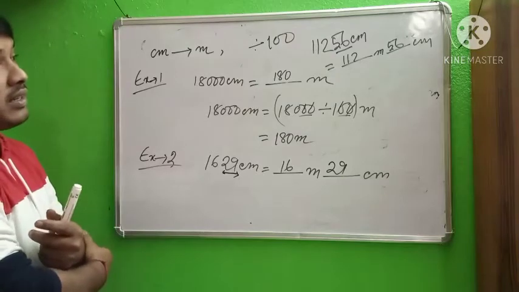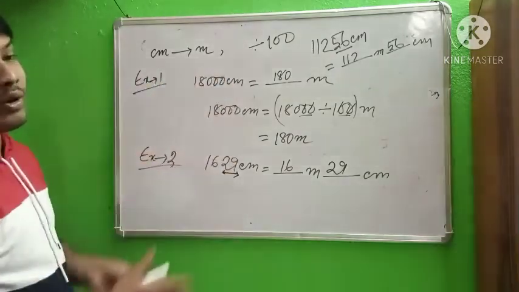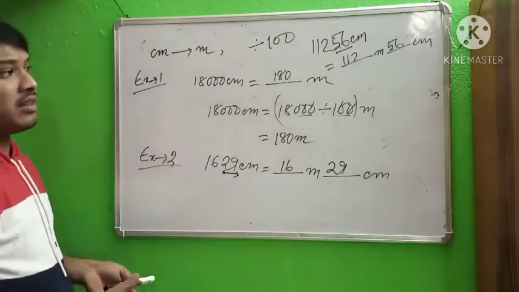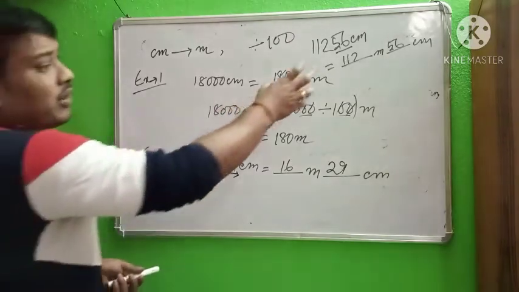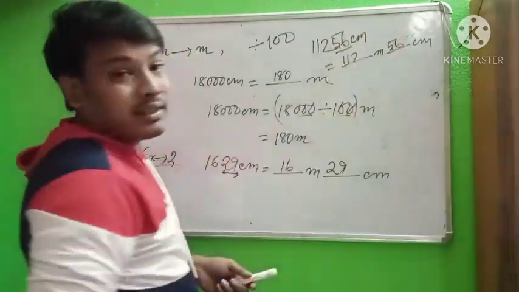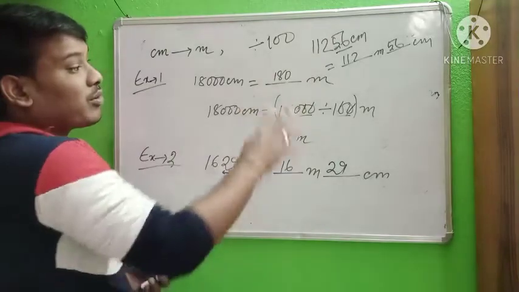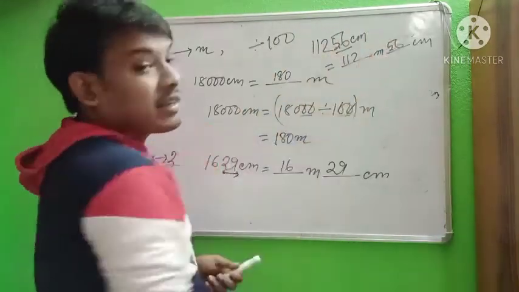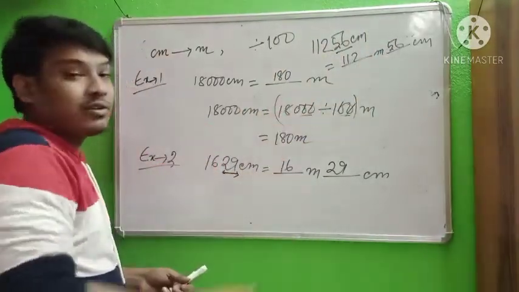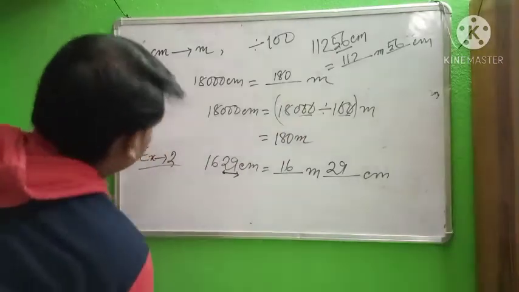So it is better that we solve by process. But we must know the short form, or the way we can write the answer directly. So I told it here already.